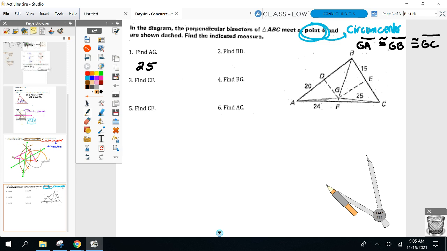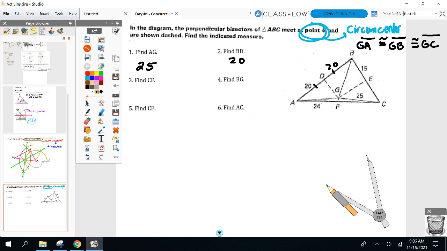A perpendicular bisector, isn't it? So you tell me now, if DG is a perpendicular bisector, how long is DB? 20, right? AD and DB are congruent because that's a bisector. So that's got to be 20. I've got to know what's all related: perpendicular bisector, circumcenter, equidistant from the vertices.